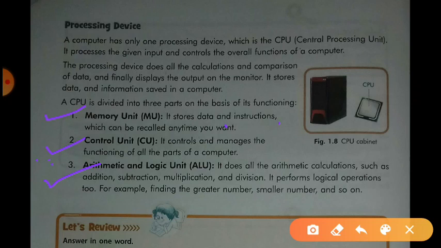Dear students, when you make a document and save it, then in future you can reopen it. Control unit controls and manages the functioning of all the parts of the computer.